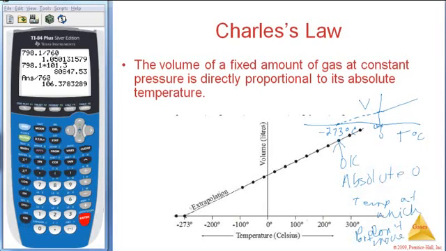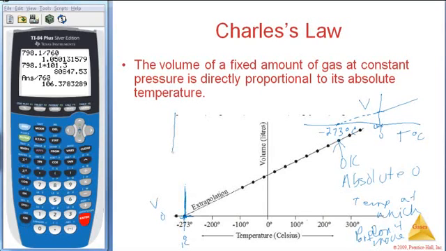So this is a point where I have no temperature, which means particles are not moving, and because it's sitting at 0 here, this is 0 K and 0 whatever volume units I have. It's also saying that I take up no space, and we know matter takes up space. So this is the theoretical lowest possible temperature.